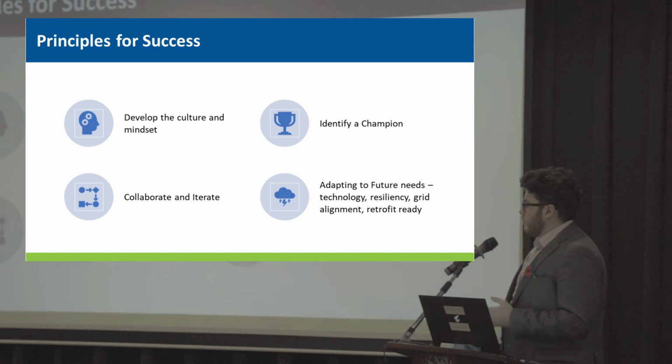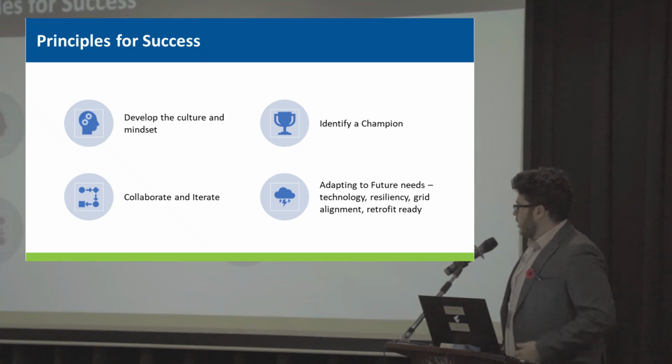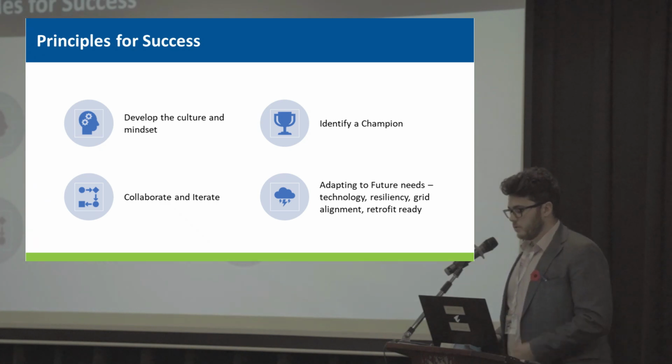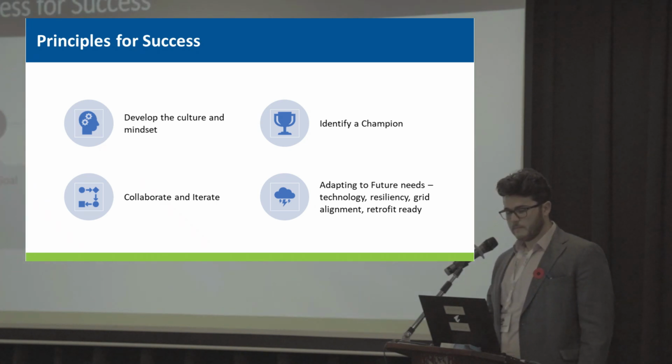They're in charge of, you know, leading the meetings. And then you want to collaborate and iterate, so that's also getting together a lot, looking at maybe even past projects, how you can improve some issues you might have encountered. And then you want to adapt to future needs, which is your technology, resiliency, grid alignment, and you want to also account for retrofits, which can be a large expense with building these buildings.